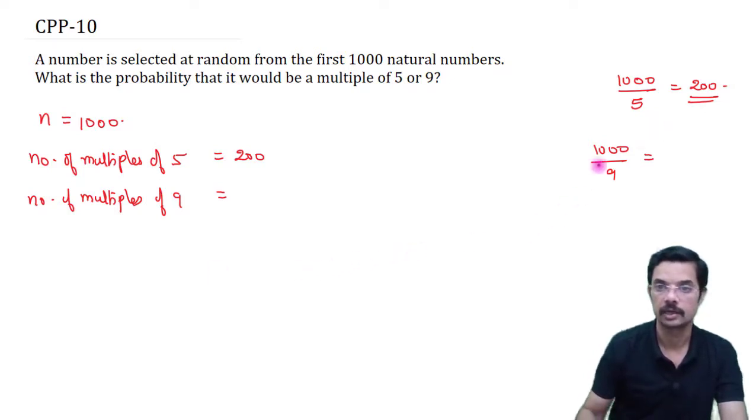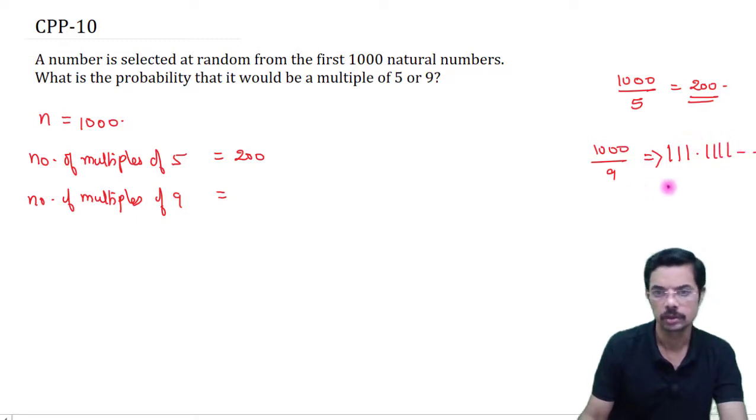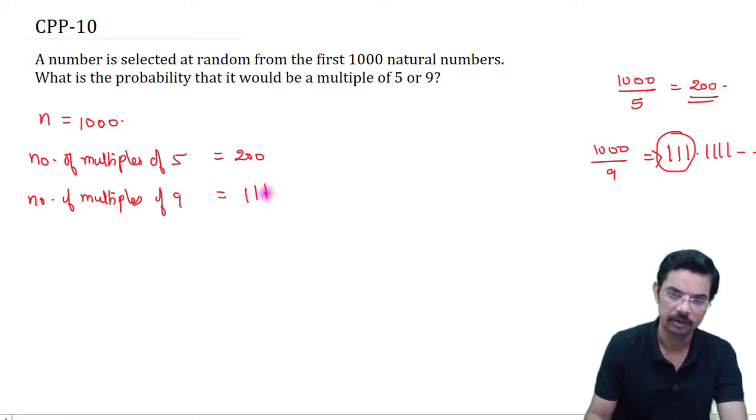It is 111 point something, 111.1111 and so on. We take only complete numbers, so the number of multiples of 9 will be the integer part, that is 111.